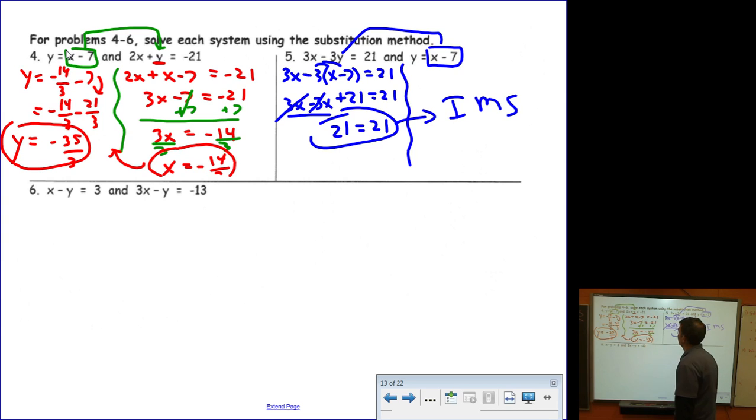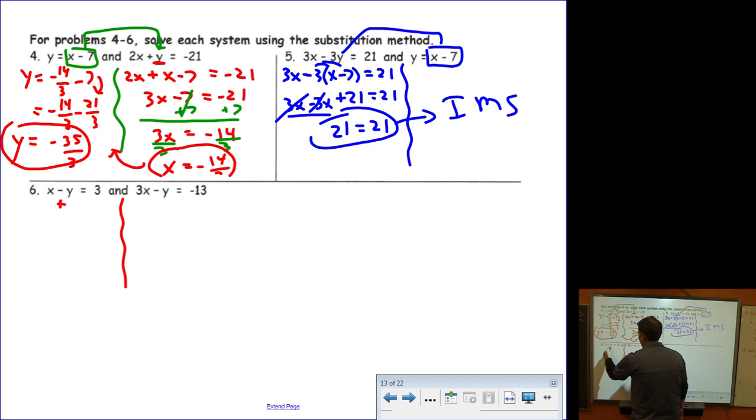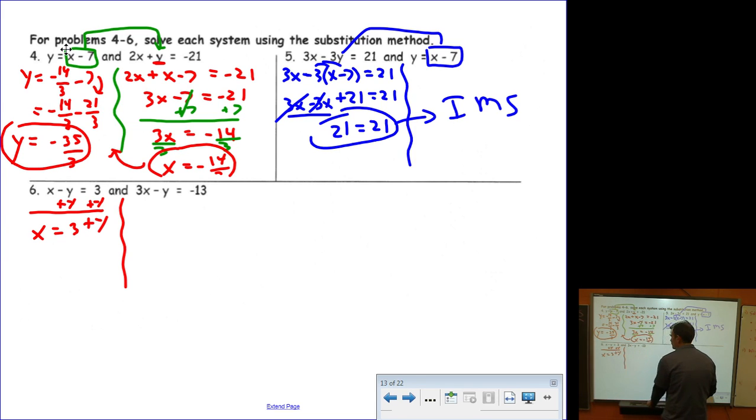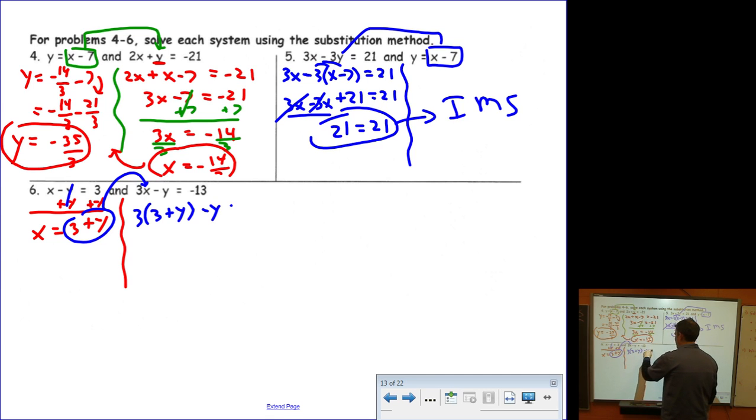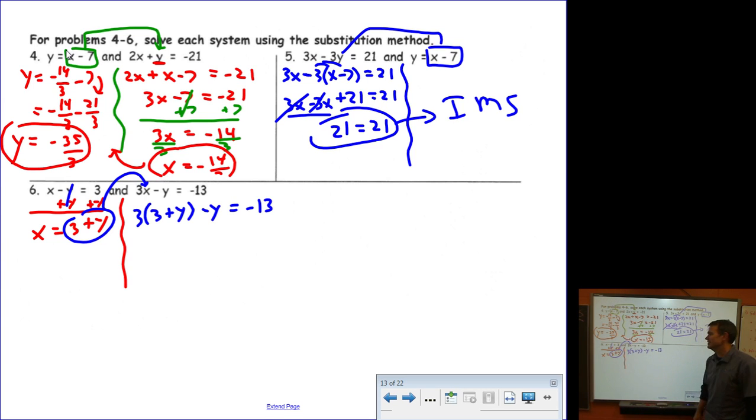Number 6. I'm supposed to solve by substitution. So I guess the first thing I would do is over here I would add y to both sides so that the x is by itself. X is equal to 3 plus y. And now I can take what x equals and put it into the other equation in place of the x. So instead of 3 times x, I'm going to have 3 times 3 plus y minus y equals negative 13.